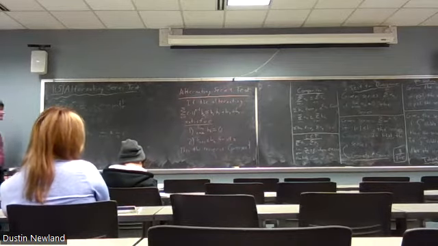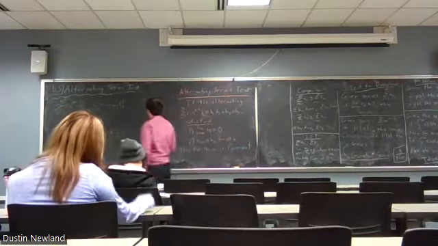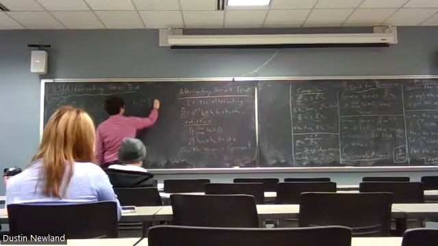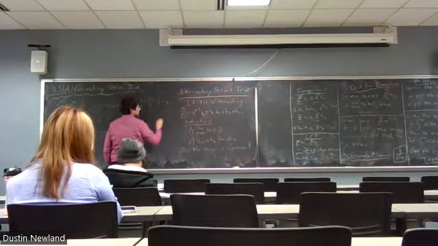Like if I just decide, so, you know, this sum typically would look like 1 minus 1/2 plus 1/3 minus 1/4 plus 1/5, right?